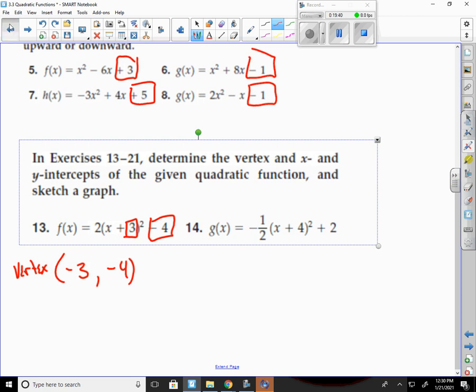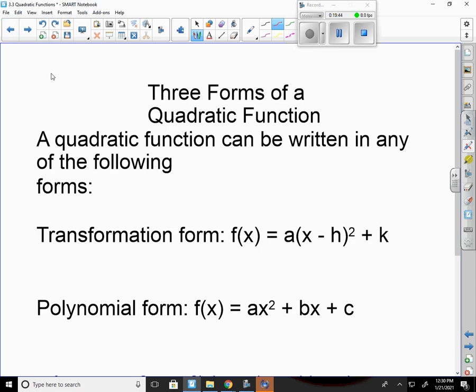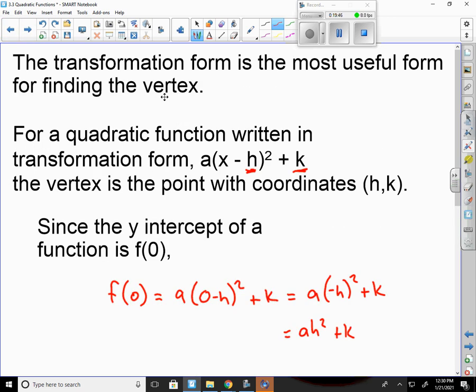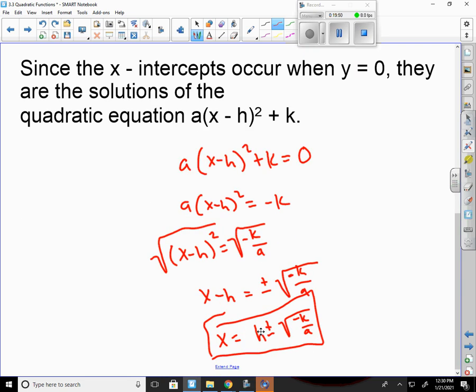Then if we look back in our notes from yesterday, looking at transformation form, it says to find the x-intercepts, I do my h plus and minus the square root of negative k over a.